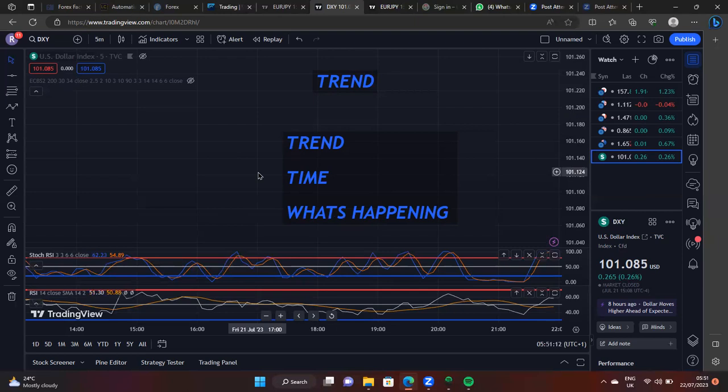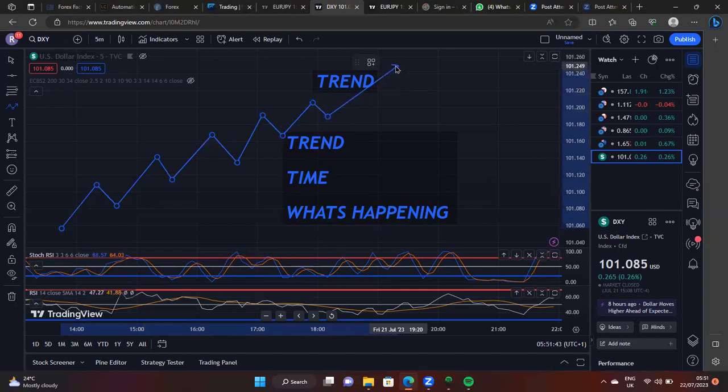So you have to understand what's trending at the particular time you got on the trade or on the chart. It is very important to take note of that. Let's say, for instance, we have price trending up on an uptrend. Price is trending up, trending up, and trending up.